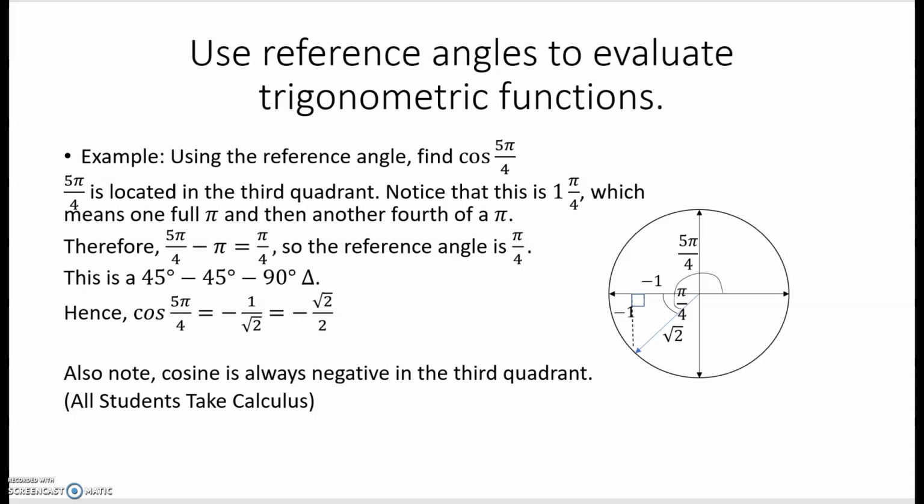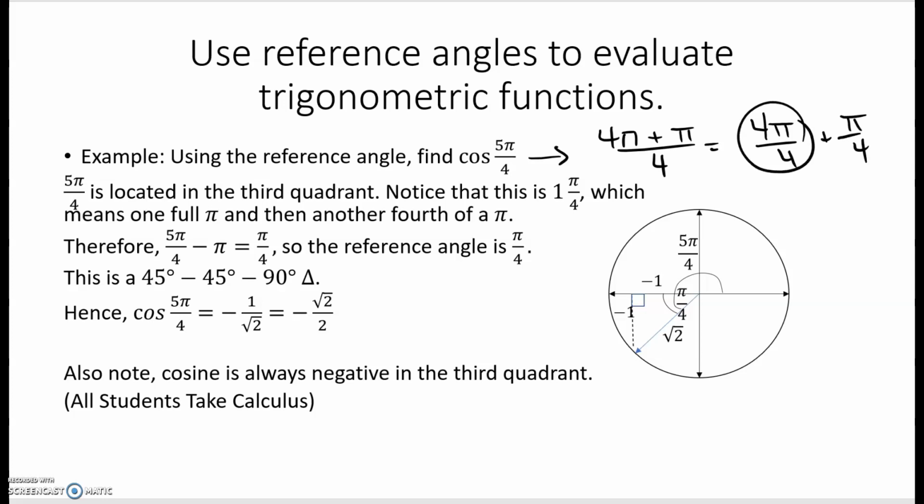If I broke this up into 4 pi plus pi over 4, that's the same thing as 5 pi over 4. If I add the 4 pi plus the pi, that gives me 5 pi. Now say I broke that up: 4 pi over 4 plus pi over 4.